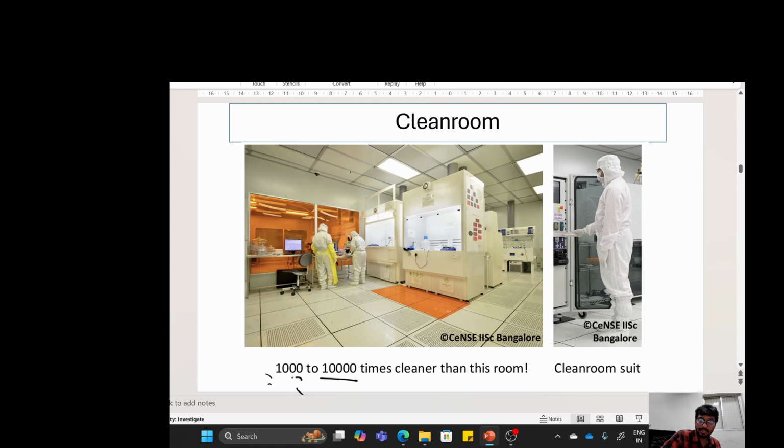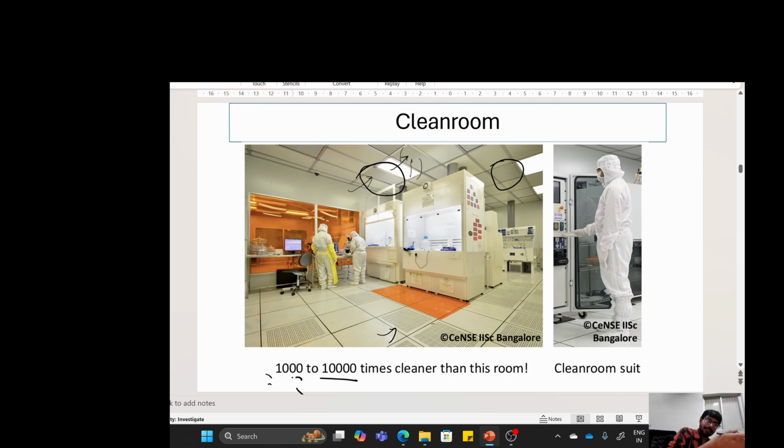Here you can see these are the HEPA filters. And as you can see, at the bottom there are holes. So there is a continuous flow of air going through the HEPA filters.